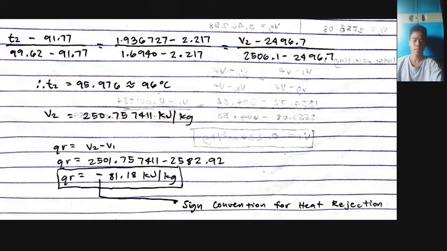Next, by solving it, T2 minus 91.77 over 99.62 minus 91.77 equals 1.936727 minus 2.217 over 1.6940 minus 2.217 equals U2 minus 2496.7 over 2506.1 minus 2496.7.